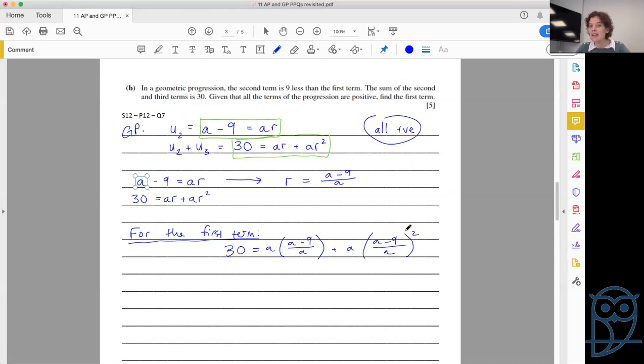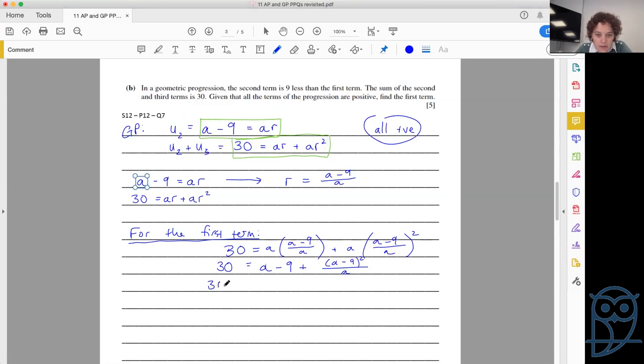So let's see what happens. See here and here, we've got some cancellation going on, which makes life a little bit less ugly. So we have 30 equals, those two cancel, A minus 9 plus, then we just have A minus 9 squared over A because the second A has cancelled.